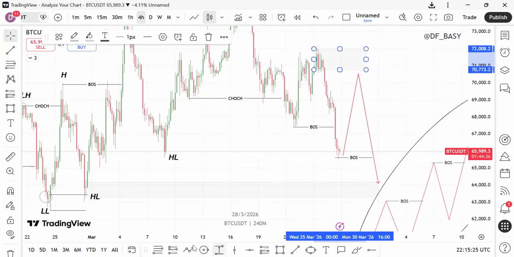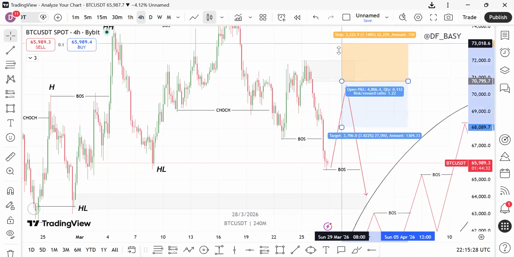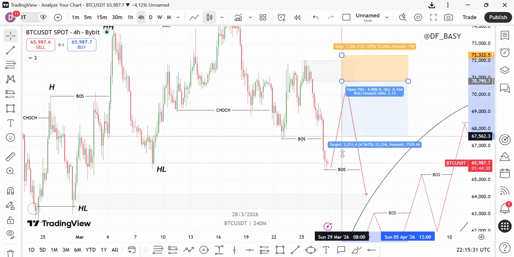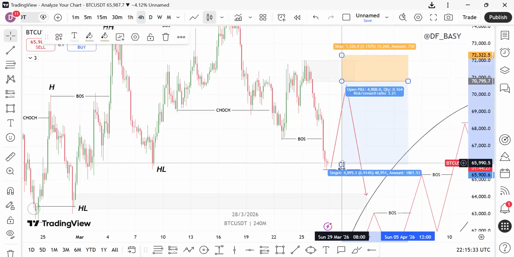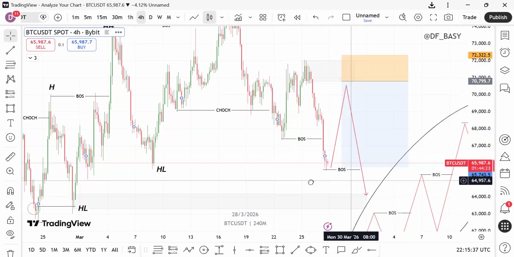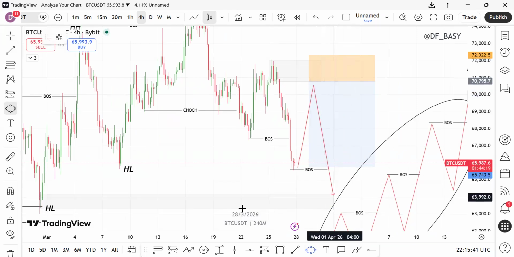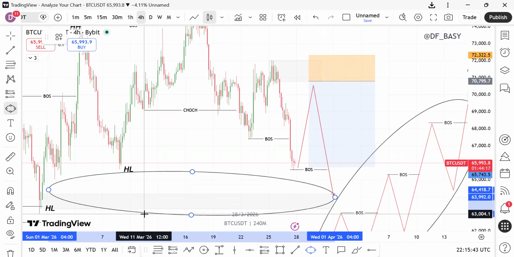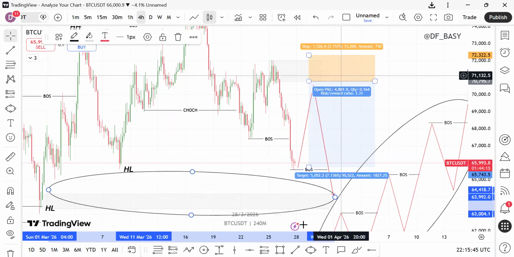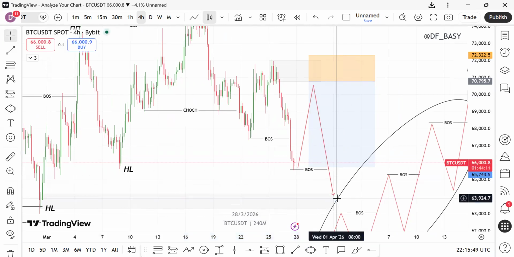Then I take a sell targeting the next breakout structure, which will be here. But if the market reaches this block first before moving upward, I'll be looking for strict confirmation before placing the trade.